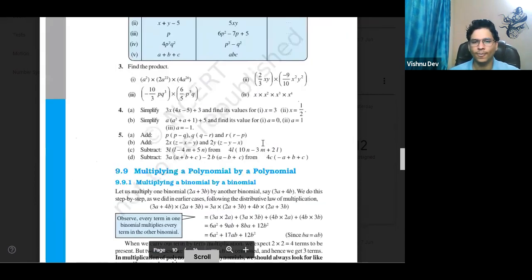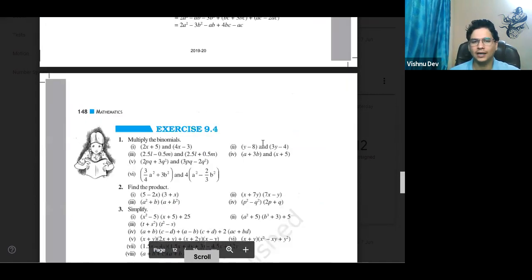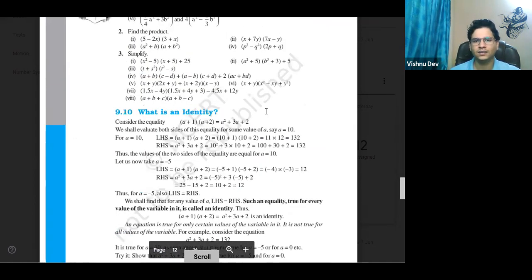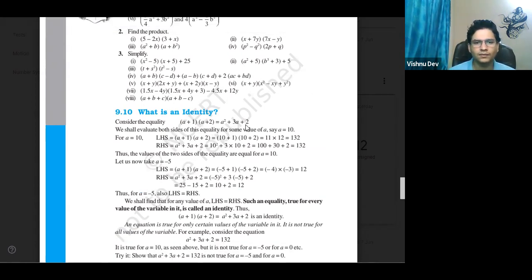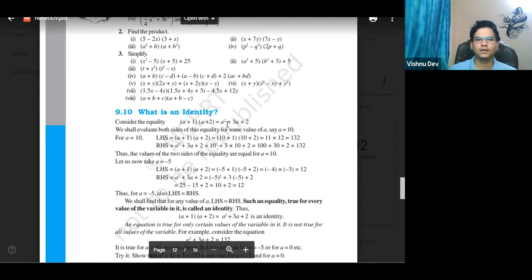Now in 9.4, I had left the last three problems, the last 2-3 problems. Did you solve them, guys? Yes, sir. Okay, anyone have any doubt in this? Anyone have any doubt?